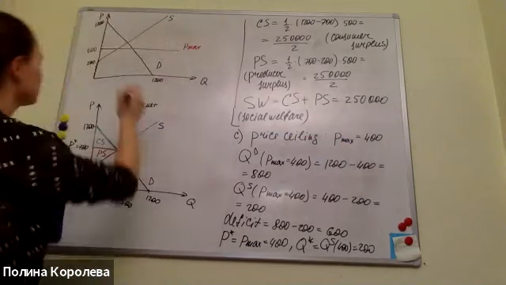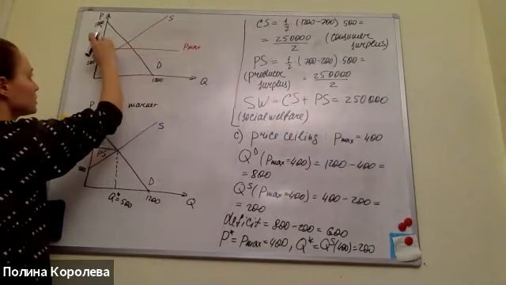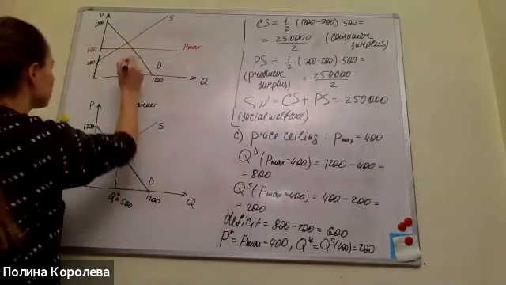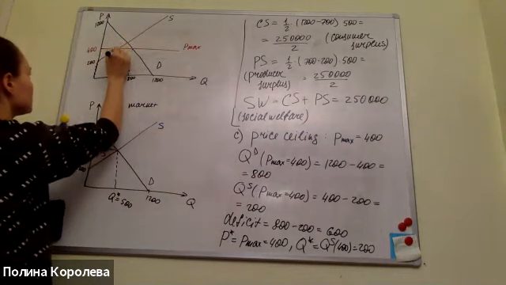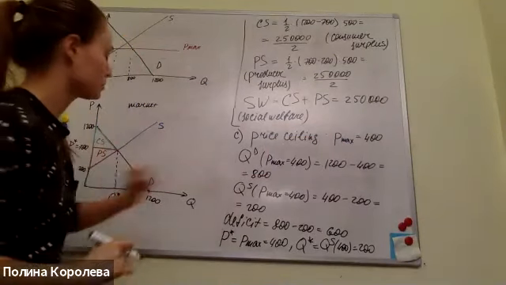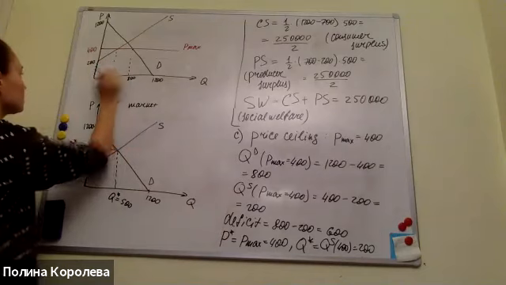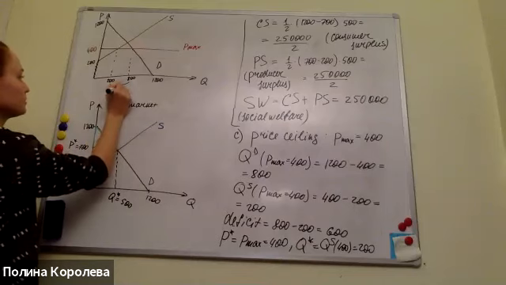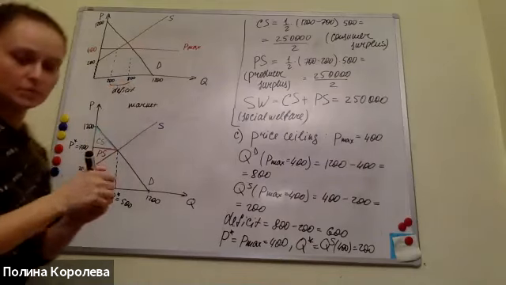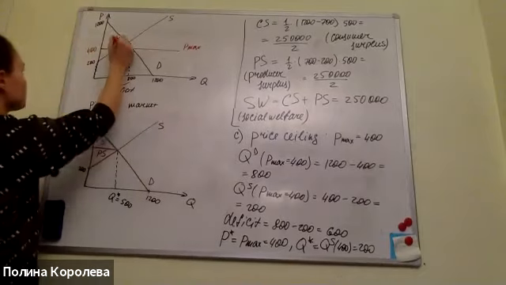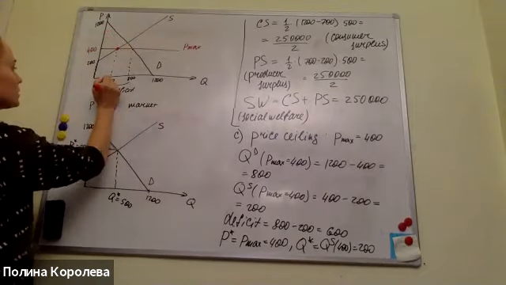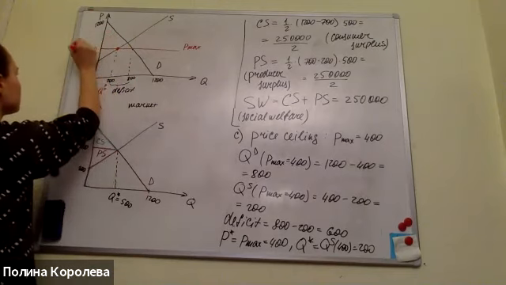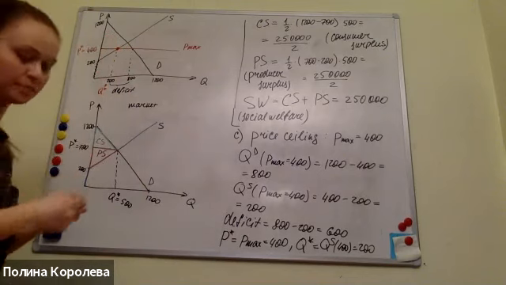For price 400, quantity demanded will be equal to 800. Quantity supplied will be equal to 200. This difference is the deficit. And where is the equilibrium point? Equilibrium point is here. This is Q star, the quantity that will actually be bought and sold. And this is the equilibrium price with this government intervention.